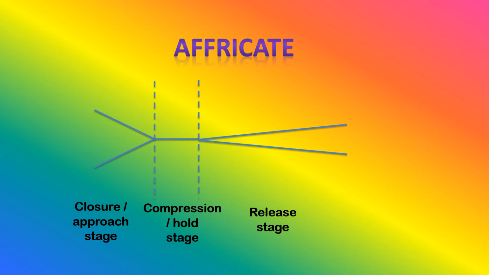In this case, there is a closure stage in which the articulators come into close contact to each other, a compression hold stage, which is shorter, and the release stage is much slower than the release stage of the plosives, and that is why the air comes out producing some friction, which is audible.